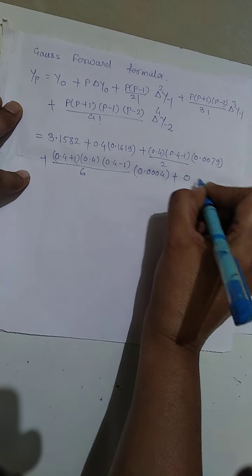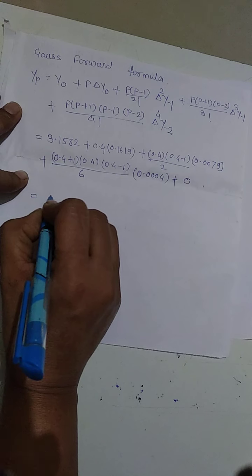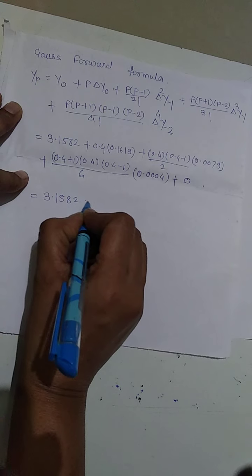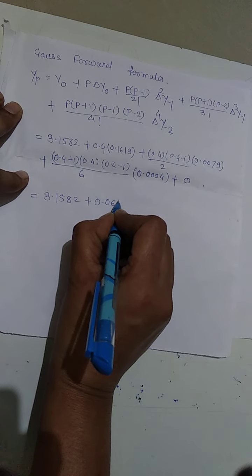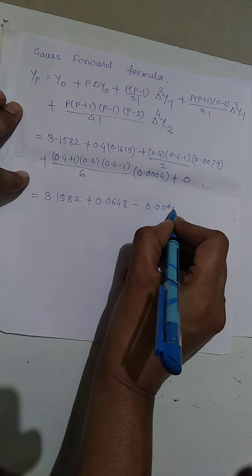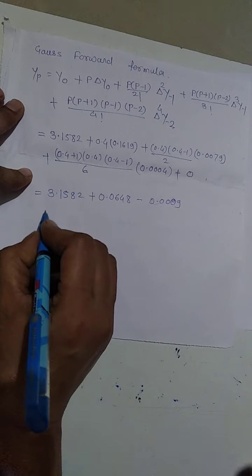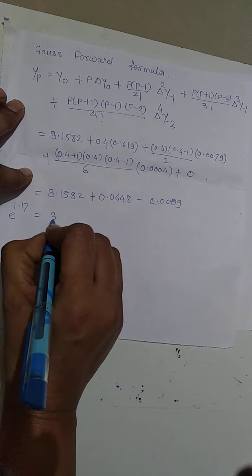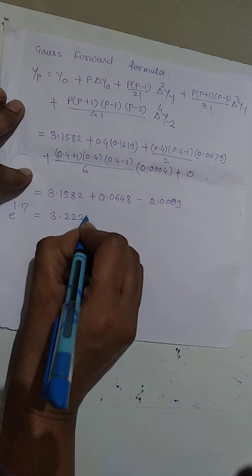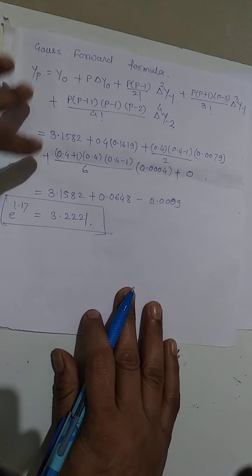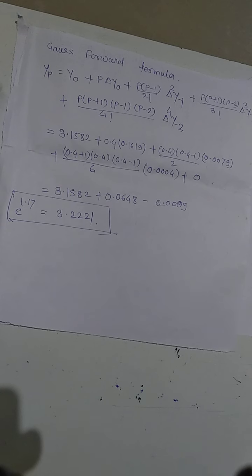Then putting the values, after calculation 3.1582 plus 0.0648 minus 0.00909, and after calculation e to the power 1.17 is equal to 3.2221. This is the answer of the given problem using Gauss forward formula.